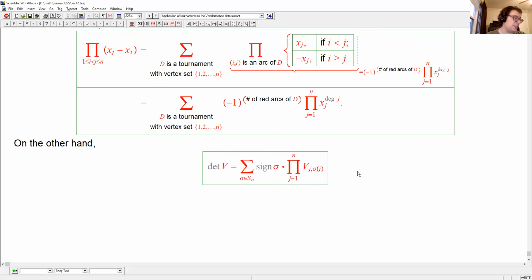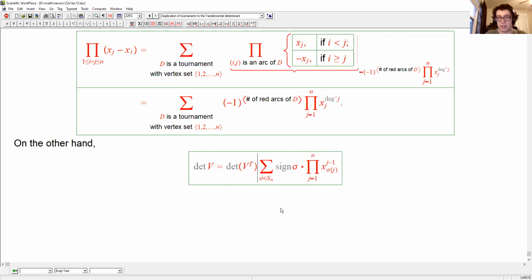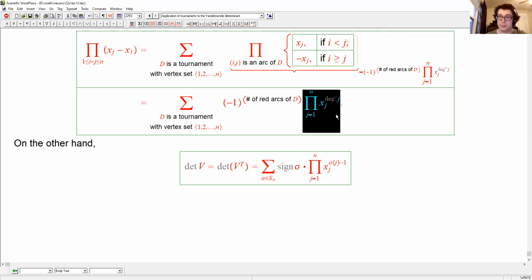And the corresponding entries will here be x sigma of j to the j minus 1. Or you could actually transpose the matrix, that would make it a little bit nicer. That corresponds to having an x_j here and then a sigma of j minus 1. So these things start looking the same.